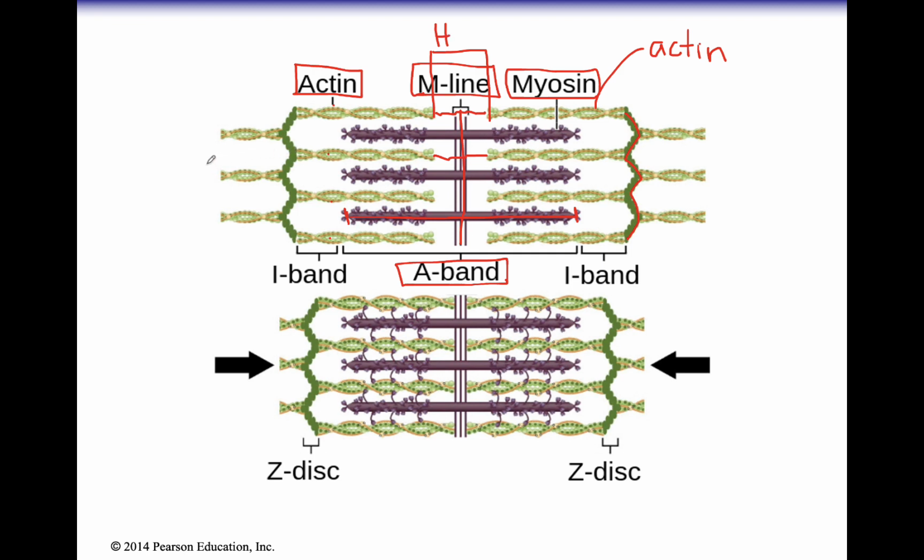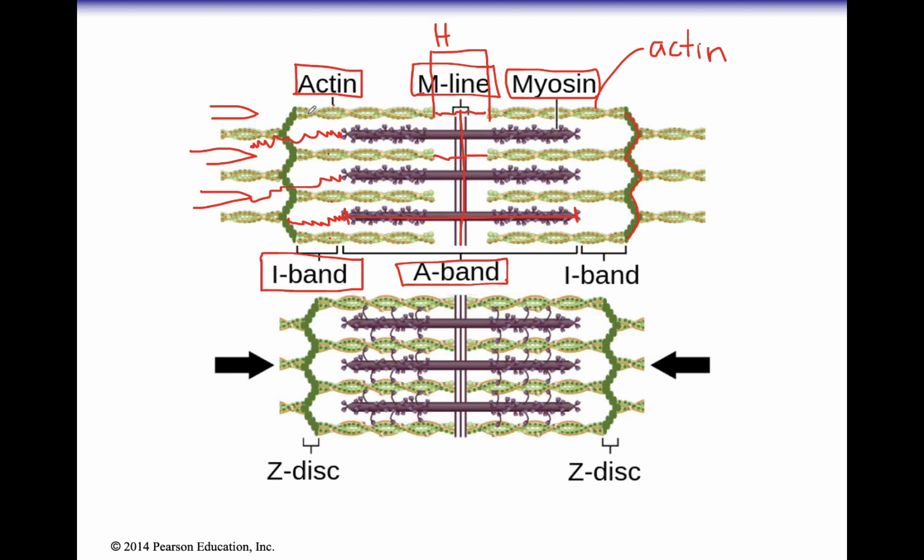And lastly, if I may, I'm going to draw a few more myosins here. This is the neighboring sarcomere. The distance from one myosin to the next one, that is called the I band. So the I band here is just showing from the tip of the myosin to the Z line, but in fact it is the tip of one myosin to the tip of the other myosin, which is the I band.